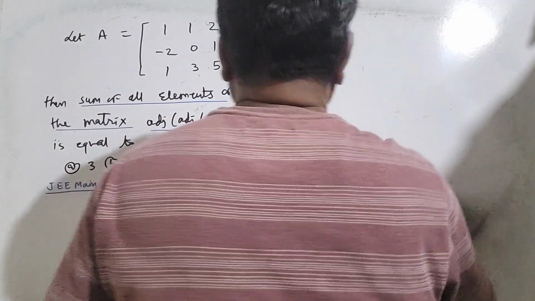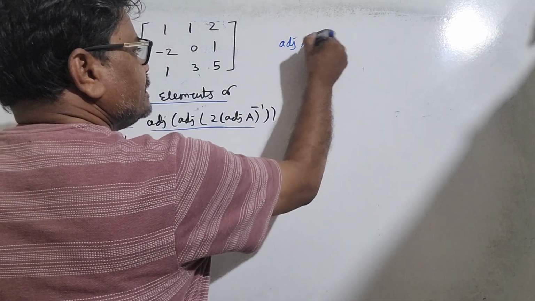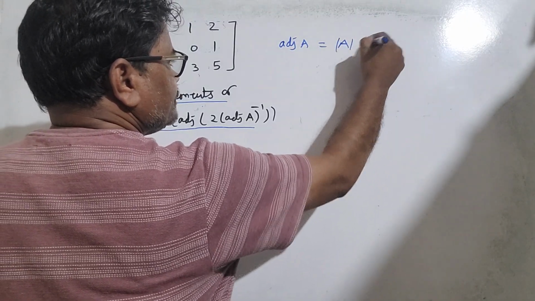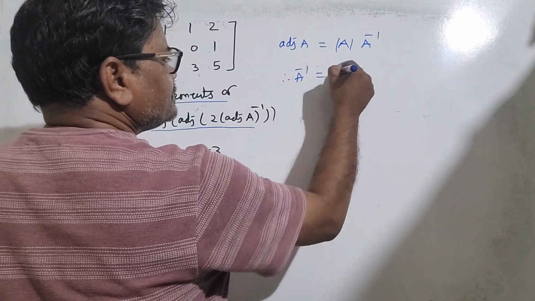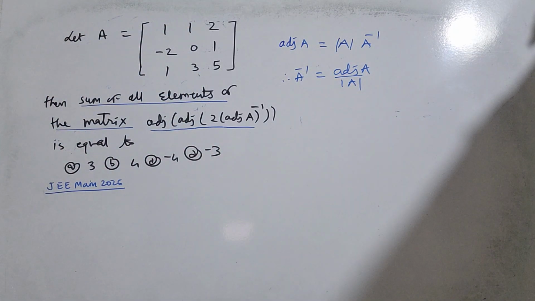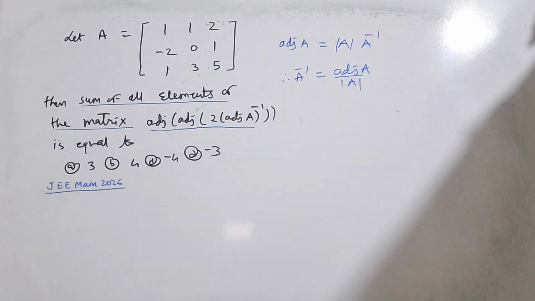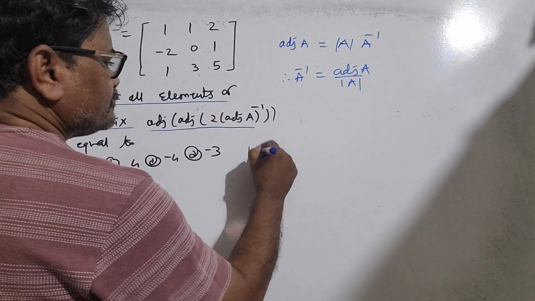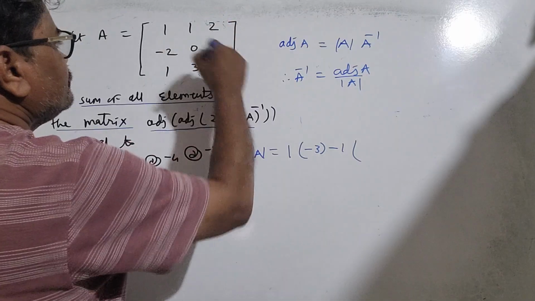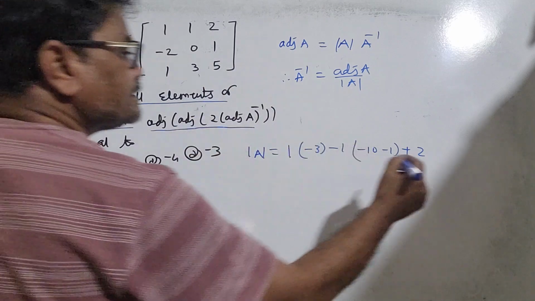See here, adjoint of A inverse is there, so we know that adjoint of A is given by determinant of A into A inverse, or simply you can say that A inverse is adjoint of A divided by determinant of A. Correct? Now let us find the determinant of A. So determinant of A is 1 into -3 minus 1 into -10 minus 1 plus 2 into -6.